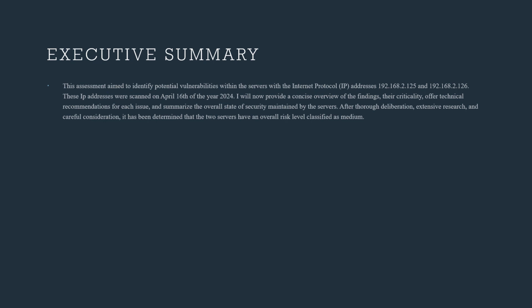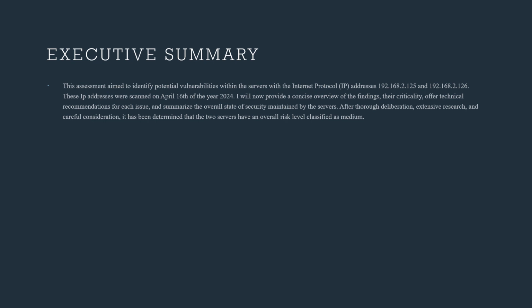Alright, so my executive summary, this is just a summary of me elevator pitching to a business if I were to have done this for some business. This assessment aimed to identify potential vulnerabilities within the servers with the internet protocol addresses 192.168.2.125 and 192.168.2.126.